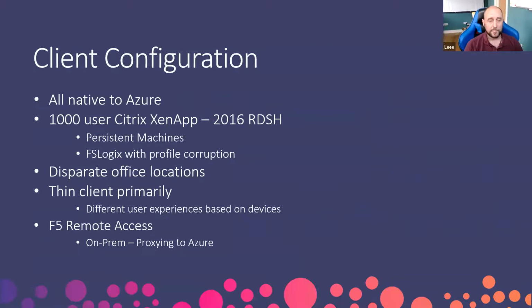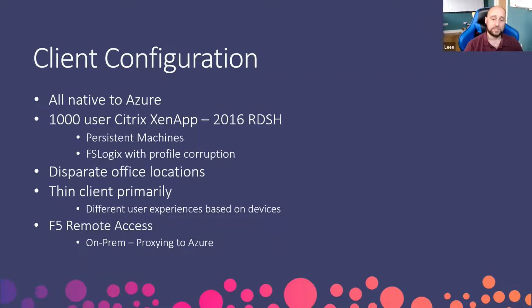So this particular client that I'm using as an example, what we did and how we did it, this is their configuration. They're all native to Azure, as I mentioned previously, with 1,000 users on XenApp at the time, using Server 2016 remote desktop services.